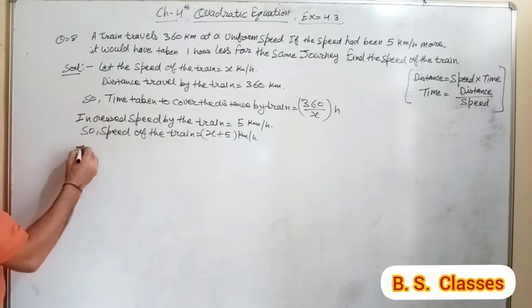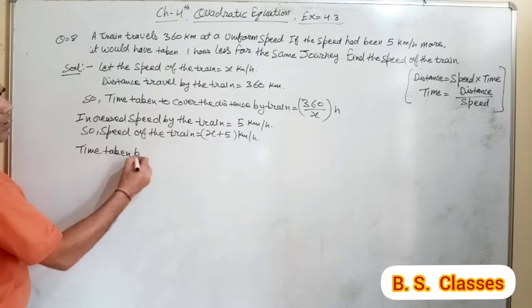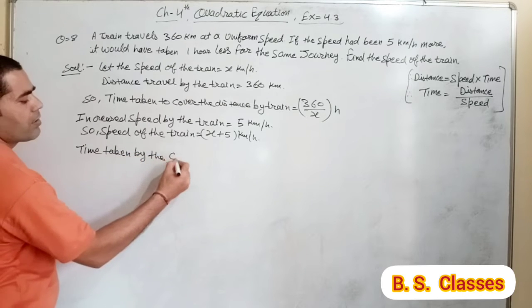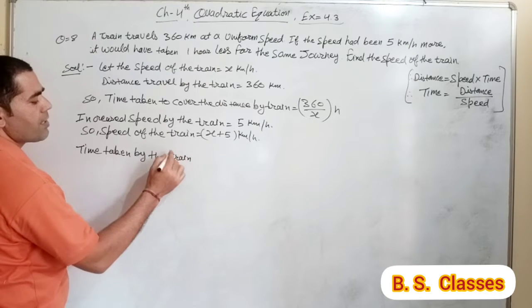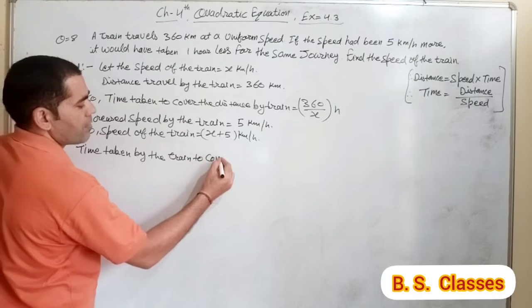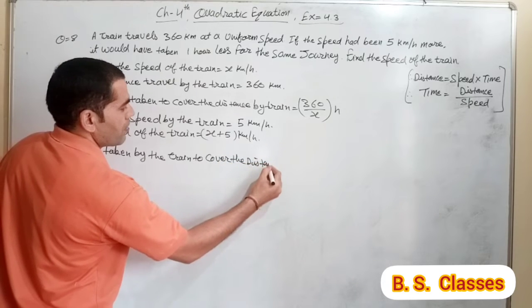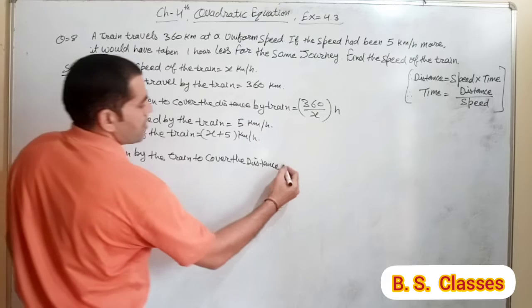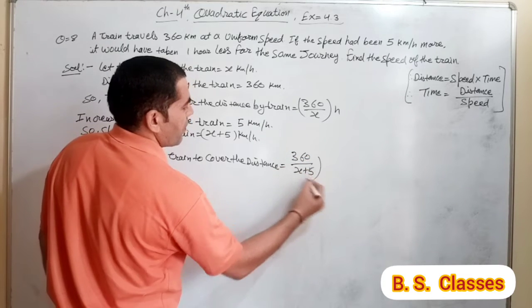And the time taken by the train to cover the distance is 360 upon x plus 5 hours.